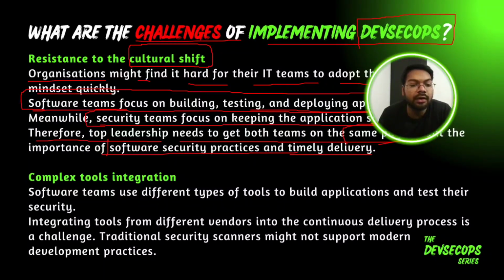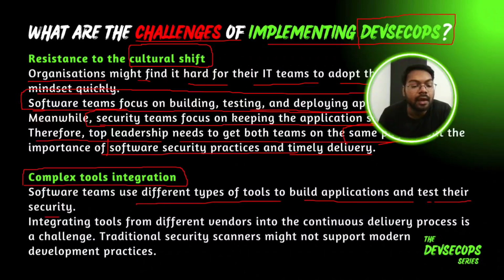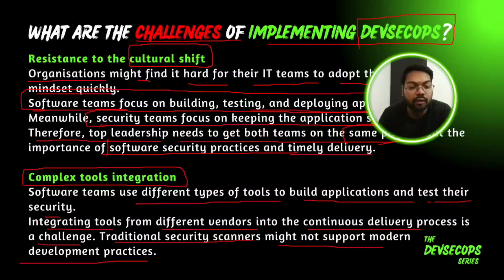The second challenge we see is complex tools integration procedures. There are a lot of different types of tools to build applications and test their security, and integrating tools from different vendors into the continuous delivery process is a challenge. Traditional security scanners might not support modern development practices.